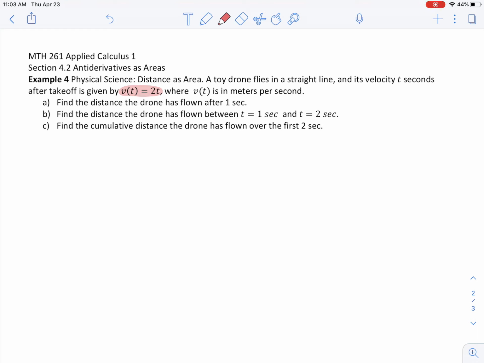So I think this is going to be a very good one to show why these areas under the curve will help us find what's being asked here. Find the distance the drone has flown after 1 second.